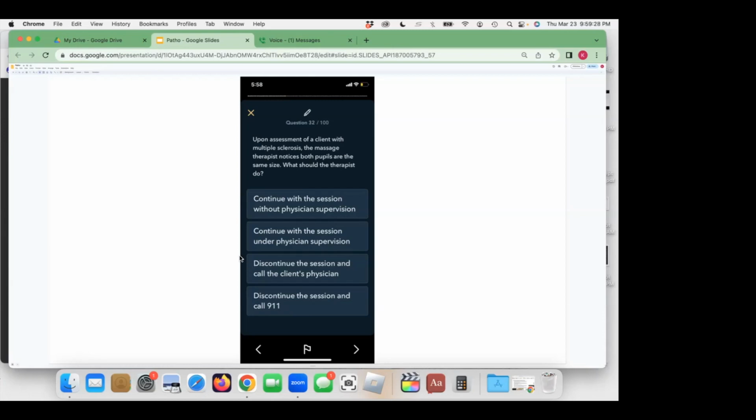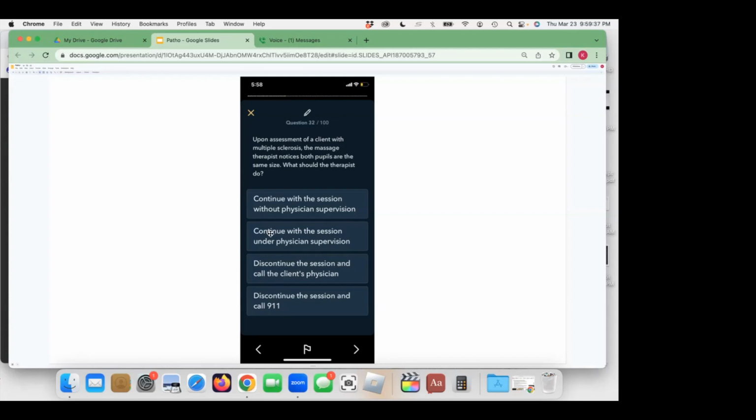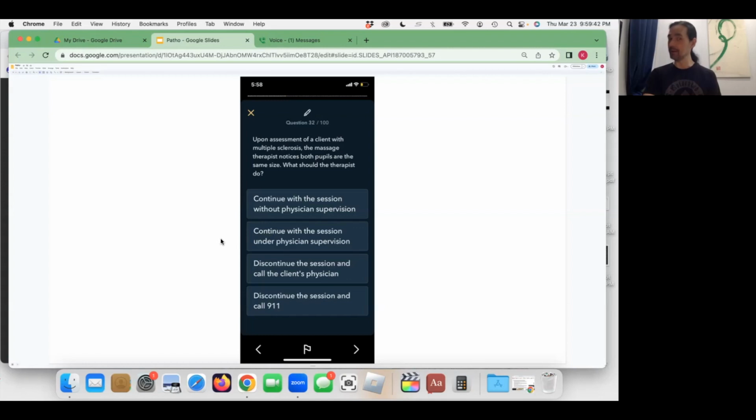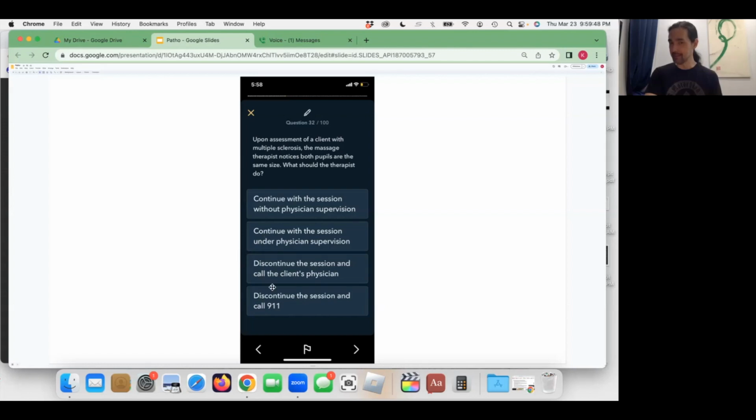But this one says discontinue the session and call the client's physician, so I can verify that they wrote this. This is what I would like to do in a real world situation. Yes, but on the MBLEX, I think that they are combining number 3 under number 2.